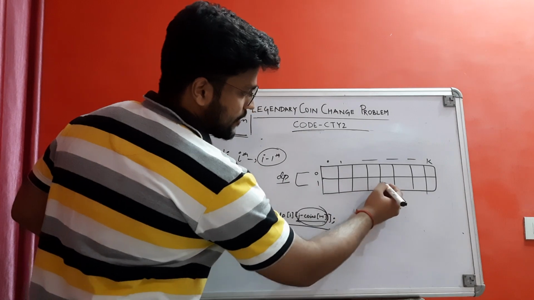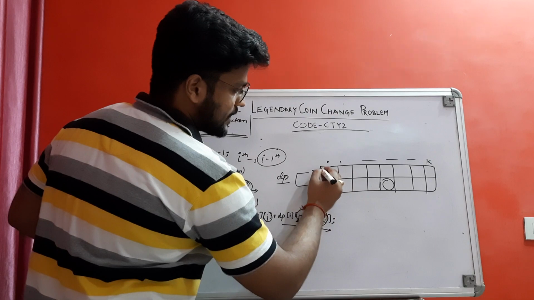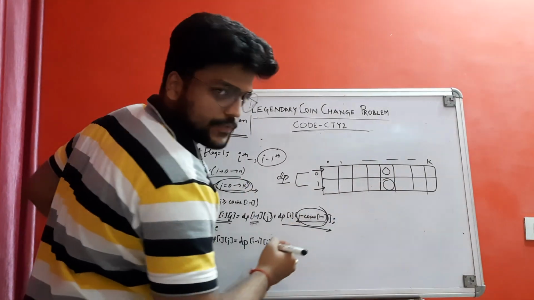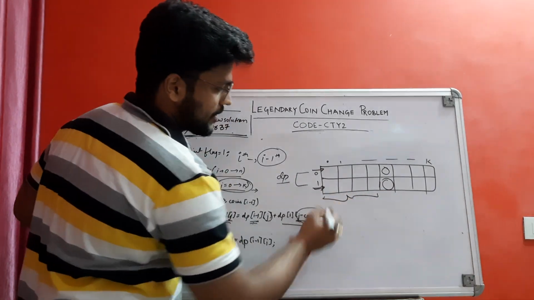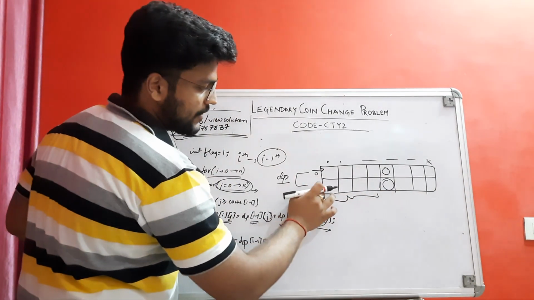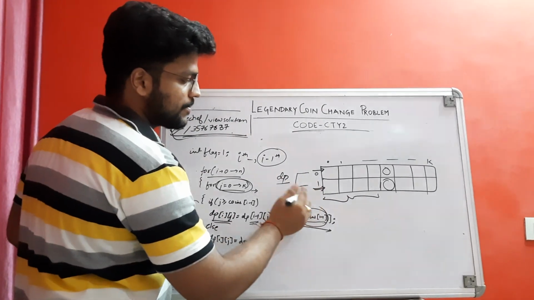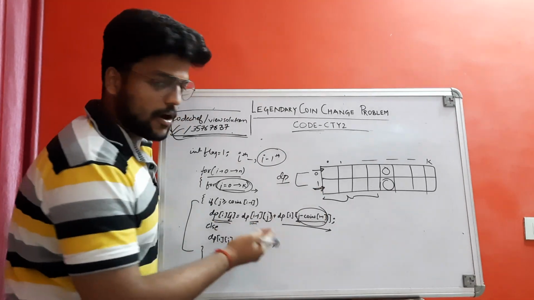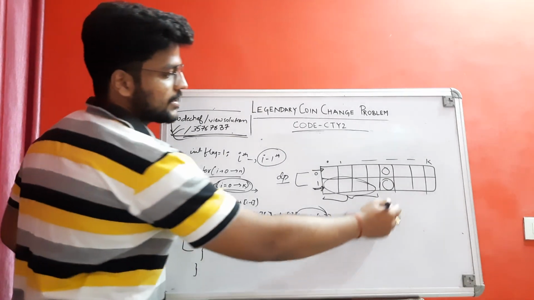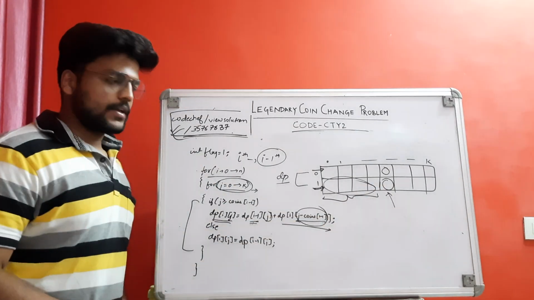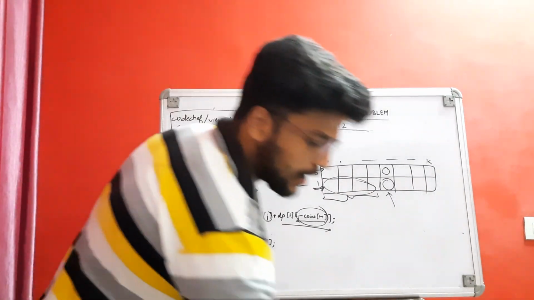In the current array, for filling this, I am using either this column from the previous array, or any column from this part of the current array. So can you compile this in a single D array? Yes, I will tell you how.